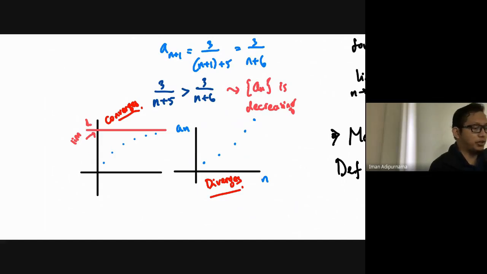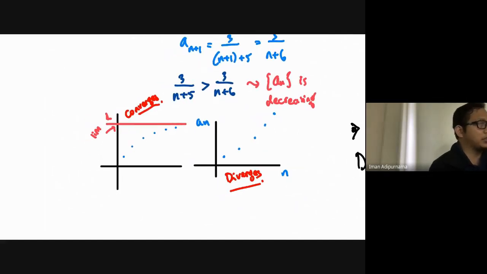Have you understood the difference? The first one, the left one, like we did in the definition for limit, we can see it's increasing, but it has a phenomenon called bounded, bounded to this line.